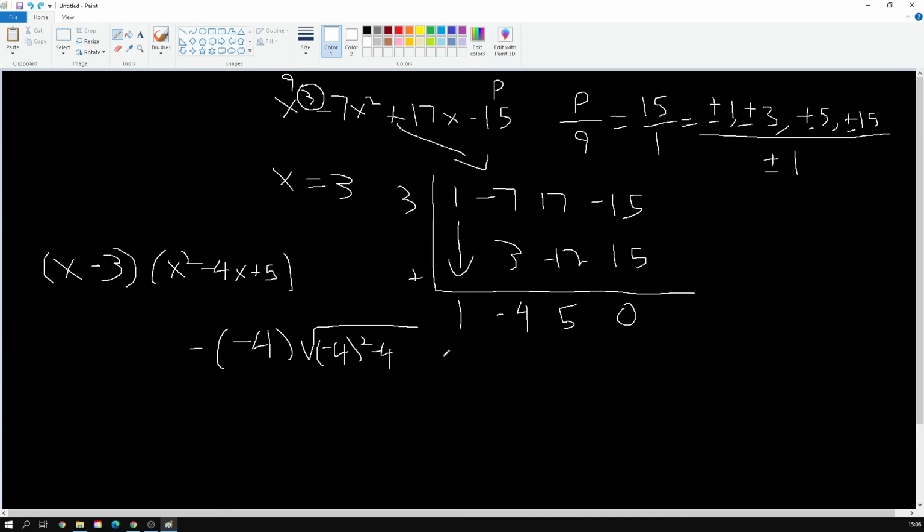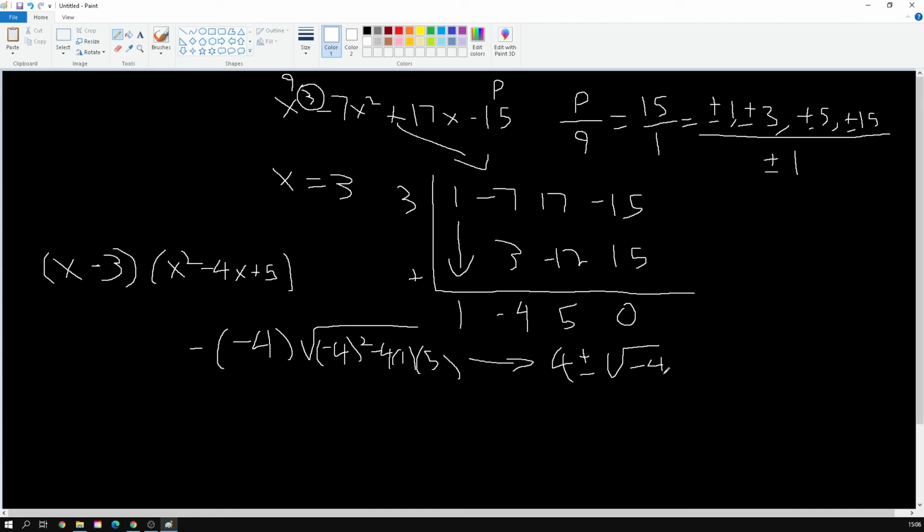I thought I had misread that. Because our a is right here, so we times 1, and then times c, which is 5. Then if we write it like this, we will get 4 plus or minus the square root of negative 4.